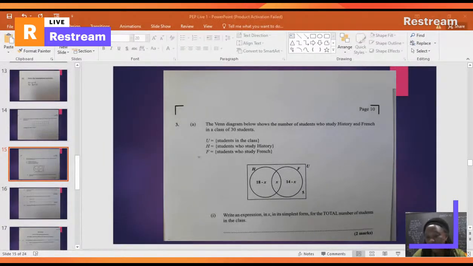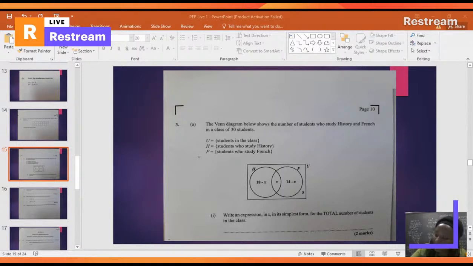All right, so part I says, write an expression in X in its simplest form for the total number of students in the class. No, it's not an equation, they want an expression. The total number of students would be 18 minus X plus the X in the intersection plus the 14 minus X plus the 5 who don't do either one.